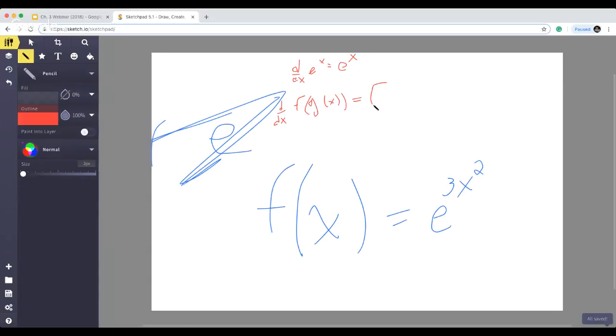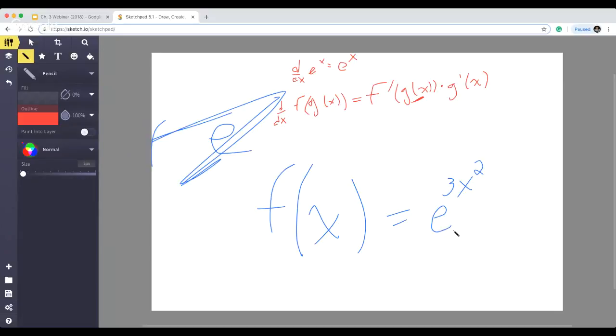Then the derivative is just the derivative of that big function, with whatever's inside of it staying as is, times the derivative of the inside function on the outside. So the key to using the chain rule is identifying what's the outside function and what's the inside function.